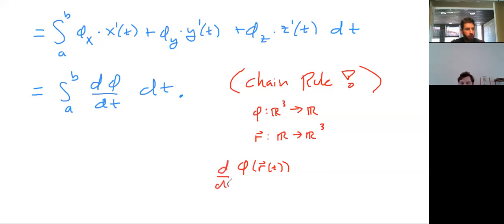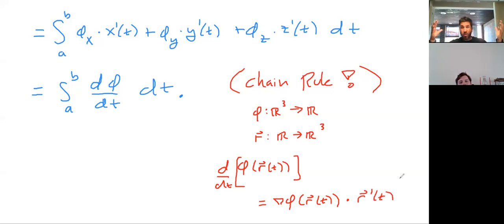The chain rule says you differentiate the outside. You take the derivative of phi, which is a gradient, evaluated at the inside, times the derivative of the inside. That's the chain rule written in Calc 3 language because we have multiple variables. That is the chain rule.